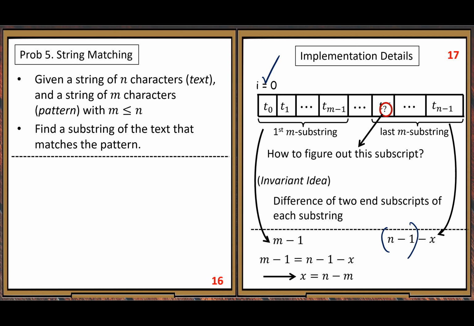All right, so this is the third time we use the invariant method. Remember the second time, in our fake coin problem, we looked at the relationship between the number of weighings and the number of coins.